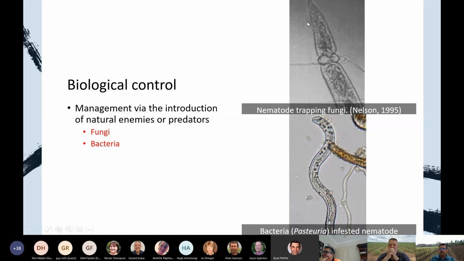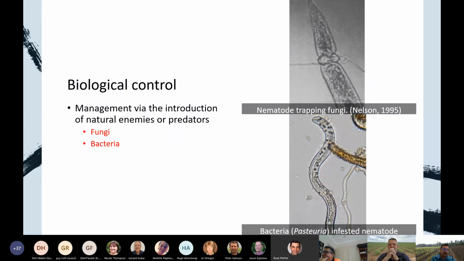At the top of the picture, there is a nematode-trapping fungus. It produces ring-like structures in the soil, where the nematode goes through the ring, it collapses and chokes it, and then the fungus colonizes within the nematode, so the nematode dies.